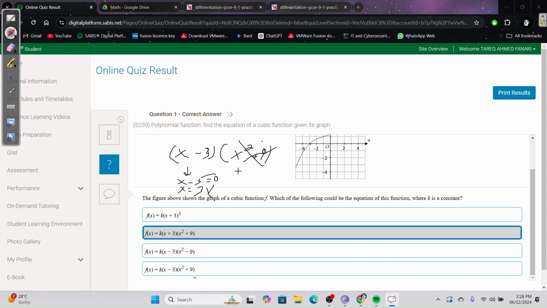So let's solve it. X squared plus 9 equals 0. So x squared equals -9, which is undefined. So write undefined.